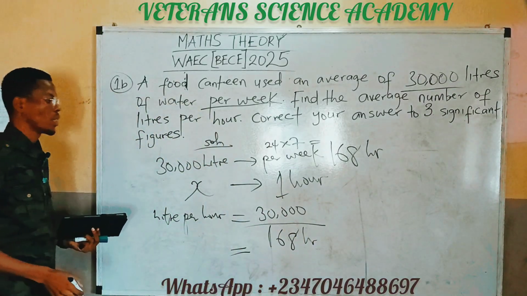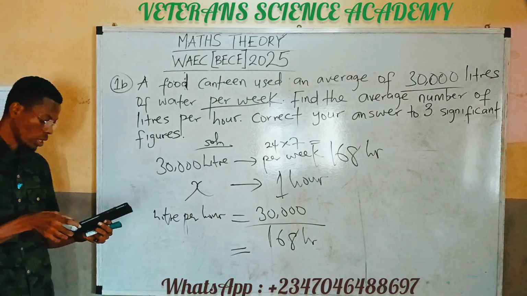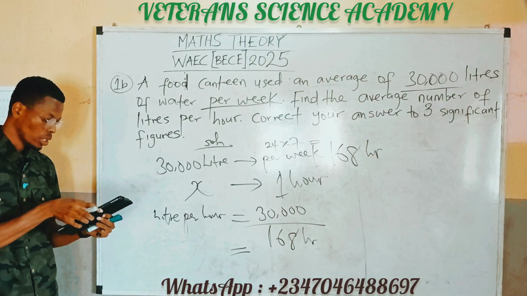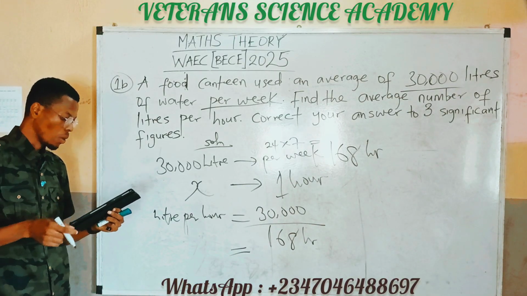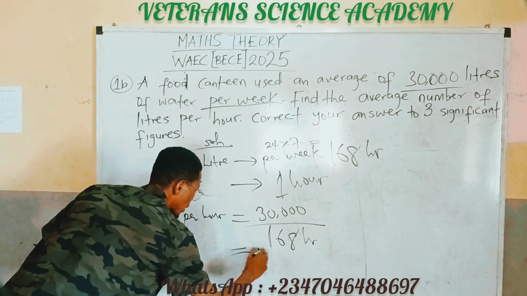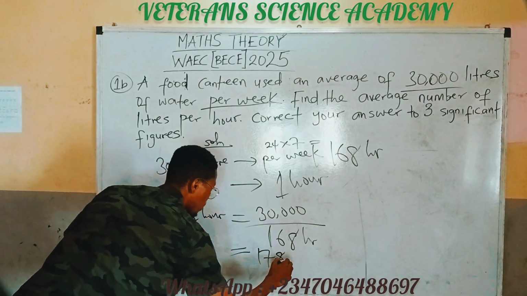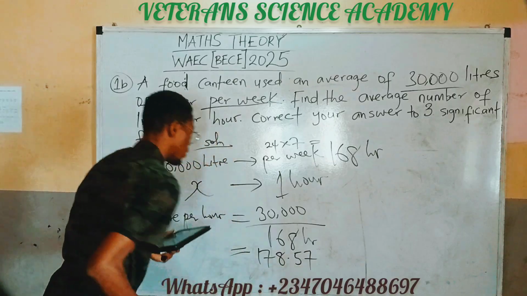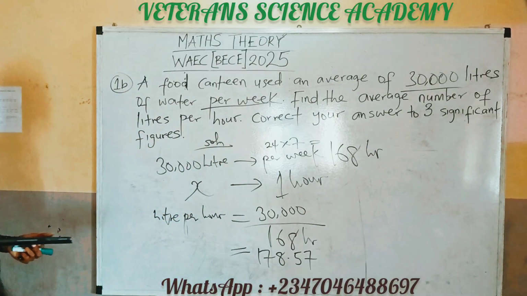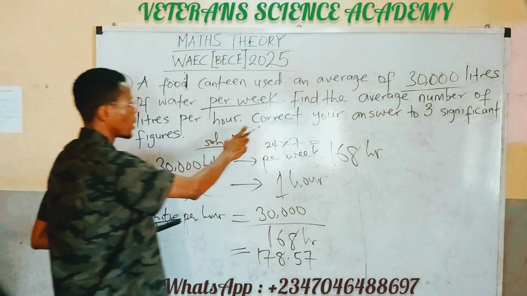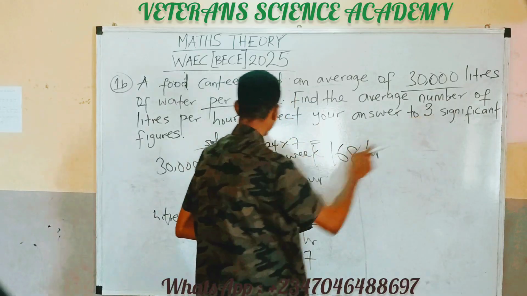So we divide 30,000 by 168, which gives us 178.57.